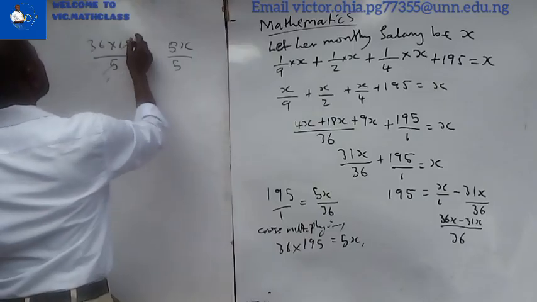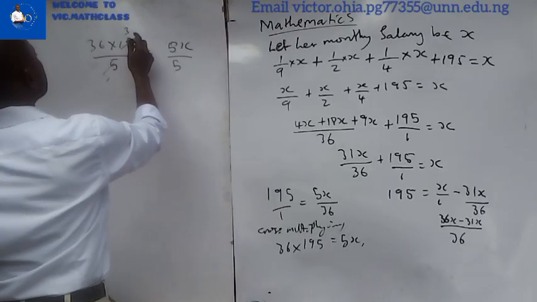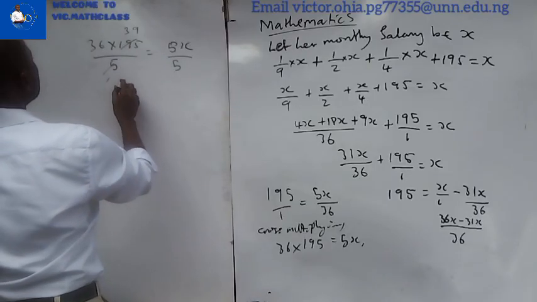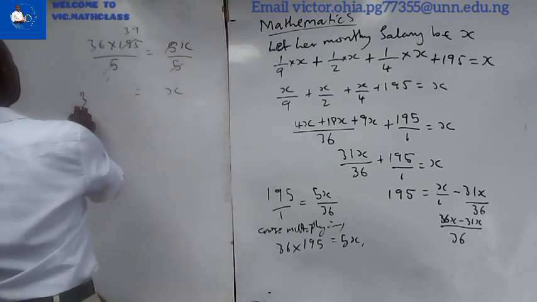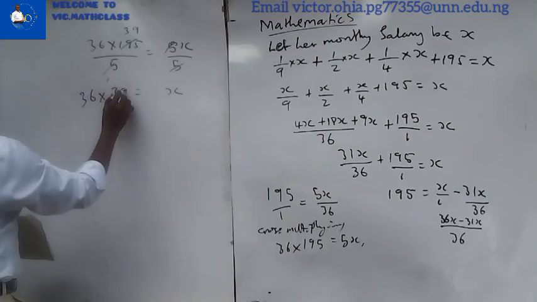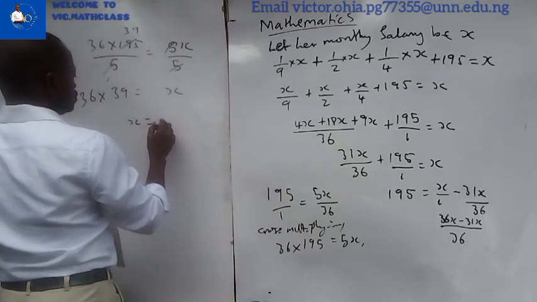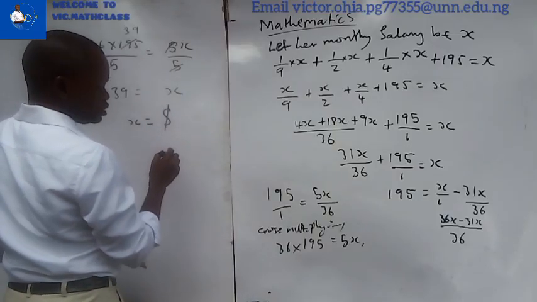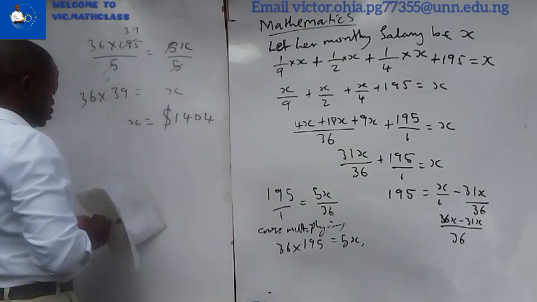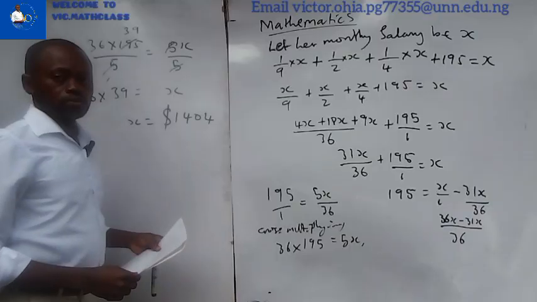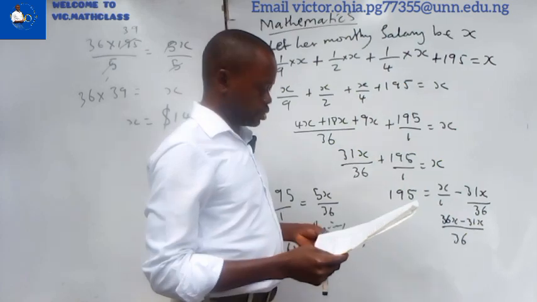So x is equal to 36 times 39. By my calculation, x is 1404. So the money this person is earning is $1,404 per month. That's what the woman in this question is earning in a month.